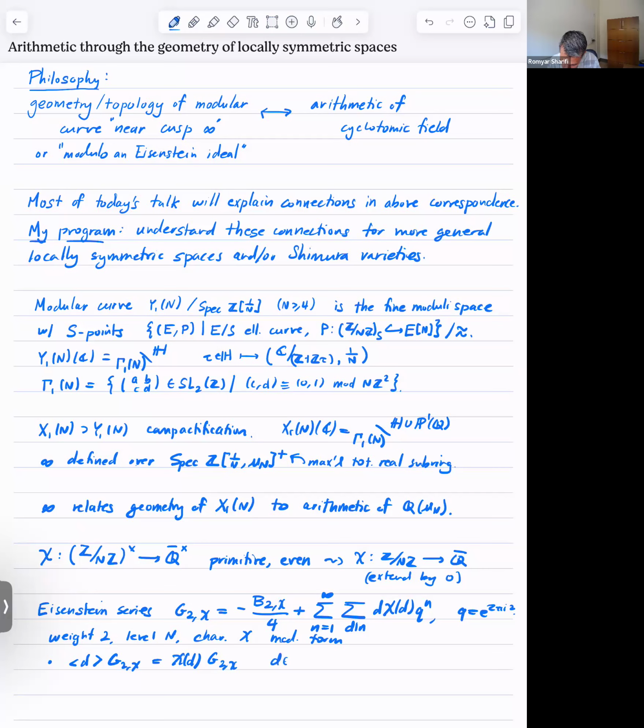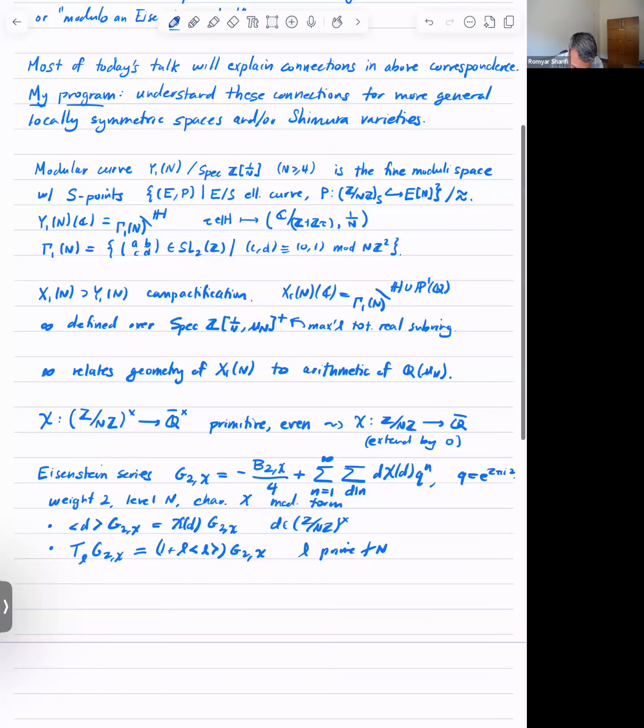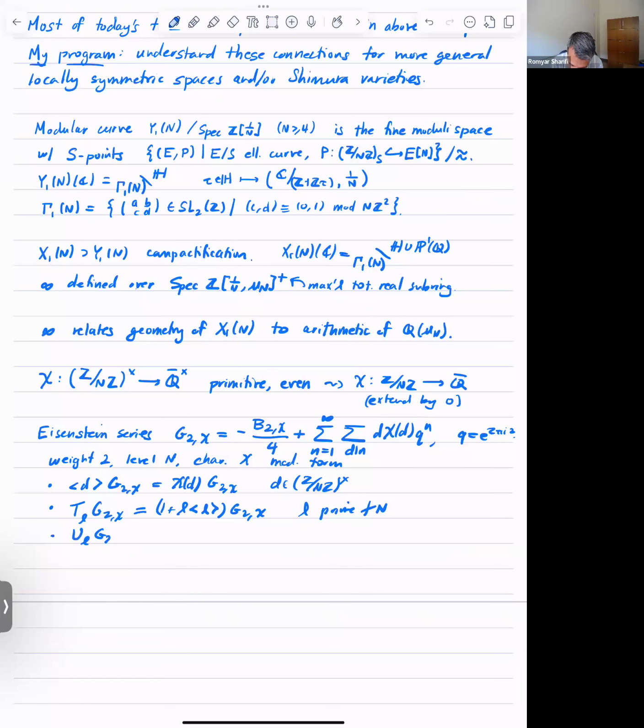So for L prime to n, the Lth Hecke operator acts as the Lth Fourier coefficient, so that's 1 plus L chi(L). But notice I just said that the diamond operator L acts as chi(L), so I could just write it this way. If L is prime and does not divide n, we call that the Hecke operator T_L, and U_L if L divides n.